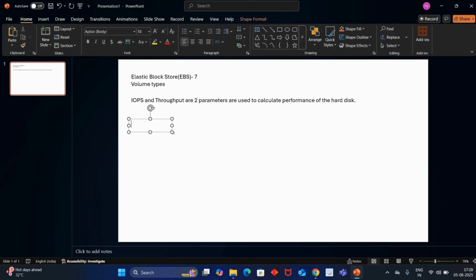IOPS stands for input output operations per second.